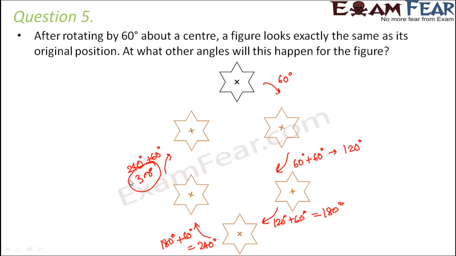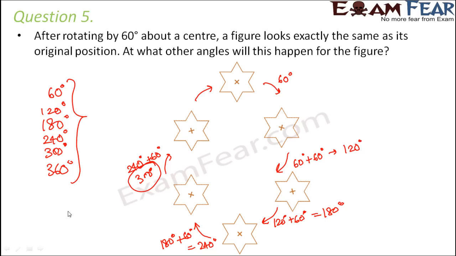Finally after 360 degrees you get back to the original image. So this repetition will happen at 60, 120, 180, 240, 300, and finally 360 degrees. So it will happen at multiples of 60. This is one example of such a figure.